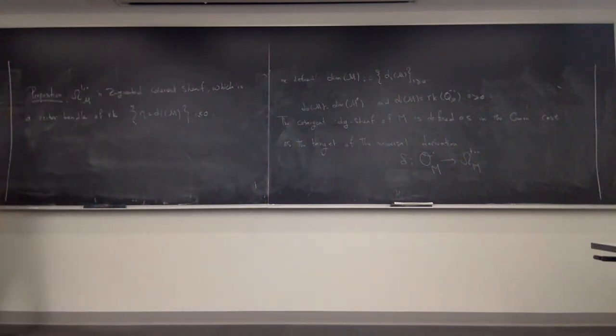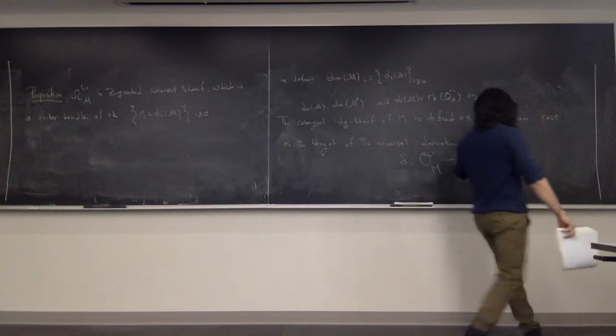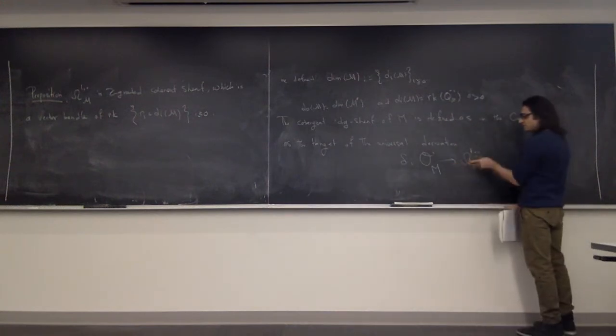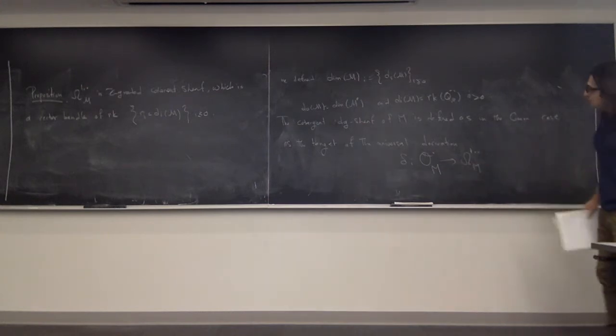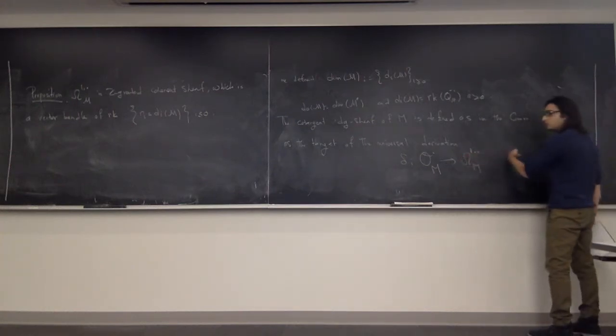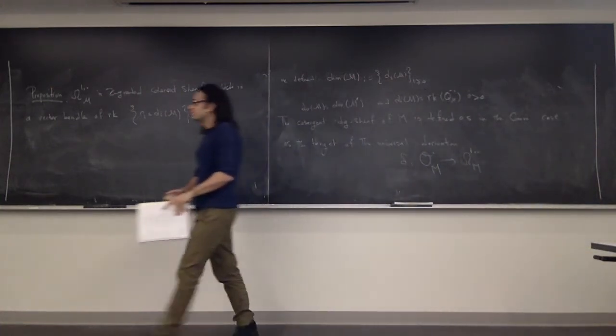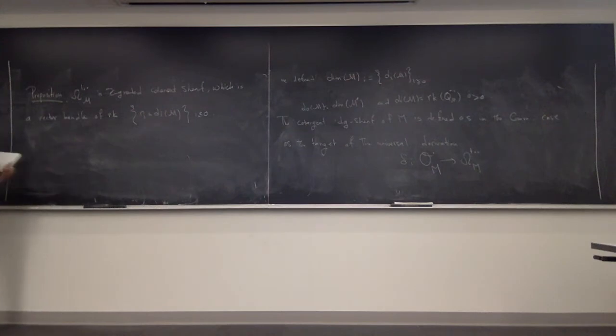Now, similar to the DG cotangent sheaf, we have the DG tangent sheaf, which obviously is given by the dual of this. The cotangent sheaf is given as the target of this universal derivation. So if I want to construct the DG tangent sheaf, I need to take basically a map from here to O dot of M, so dualize it. So I need to compose the map.